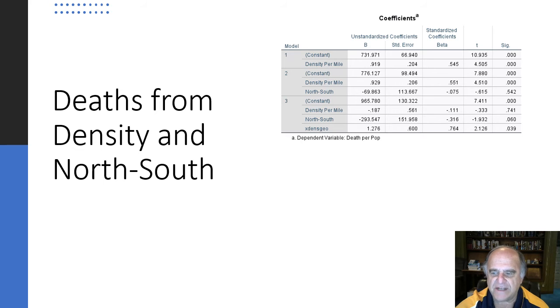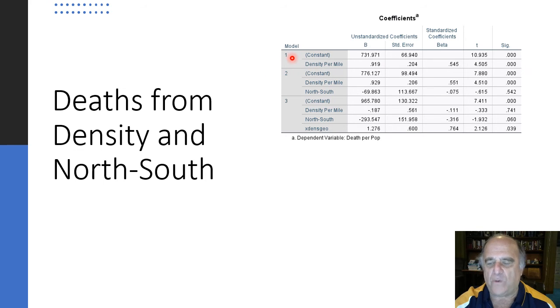All right, here's our next piece of output. And I'm sorry that this is so small, but to fit me in, I had to make it smaller because I wanted you to see all of this, and I was cutting off the bottom again. So these again are our unstandardized B estimates, our beta estimates, the T associated with each variable in each model, and the significance level for each variable.